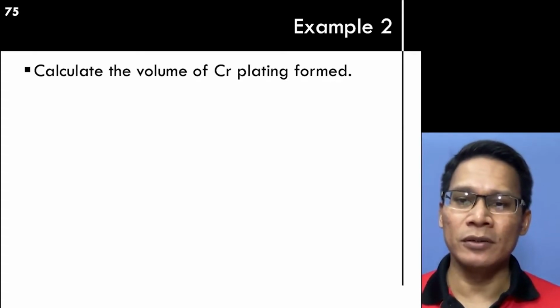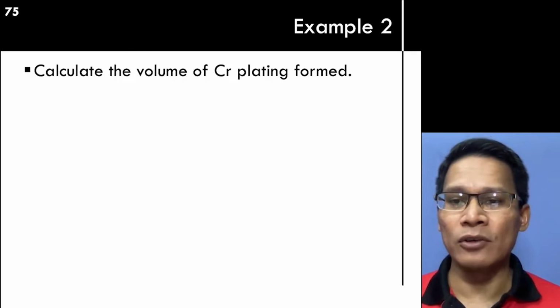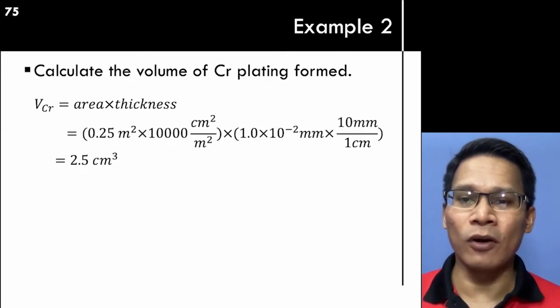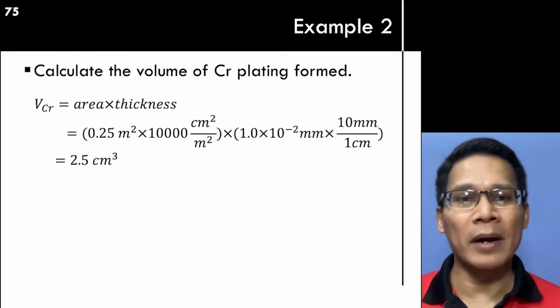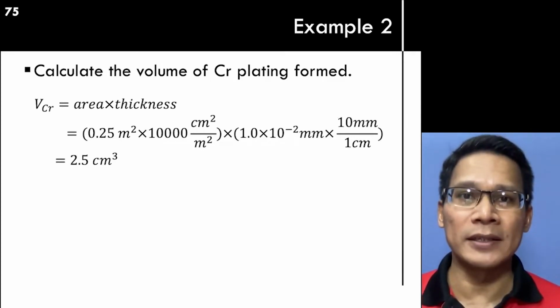In this question, we can calculate the mass of chromium plating formed by using the thickness, surface area, and density information provided. To calculate the volume of the chromium plating, we multiply the area of the bumper with the thickness of the chromium plating.